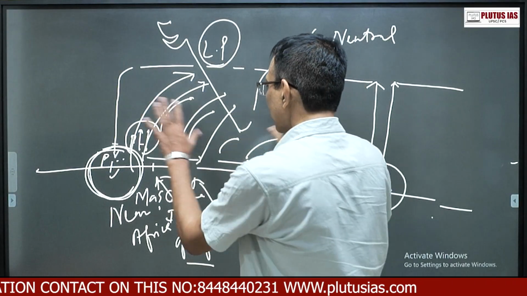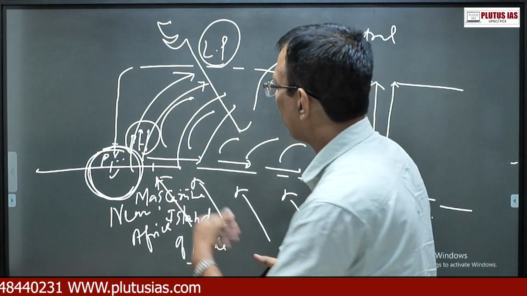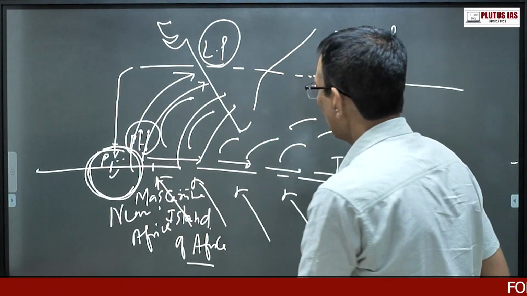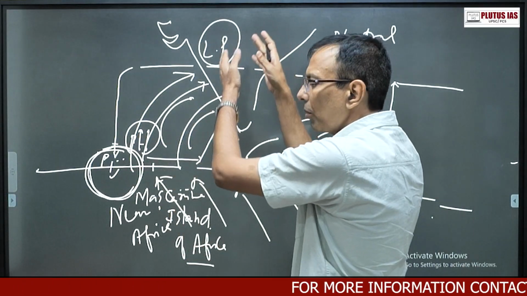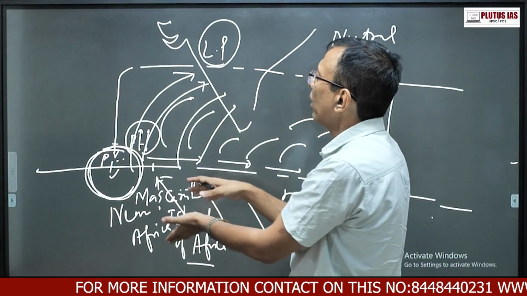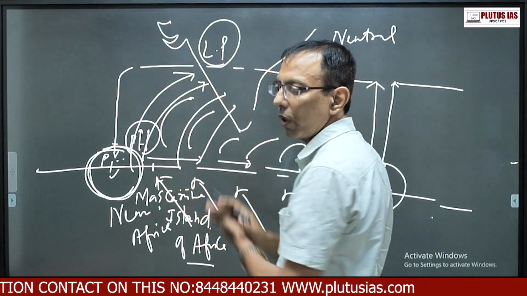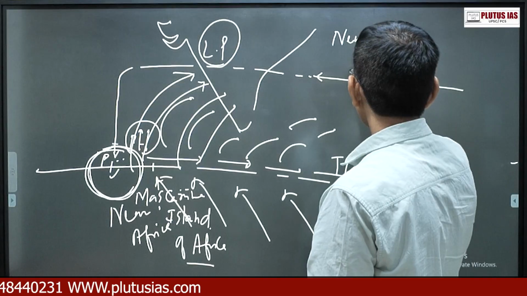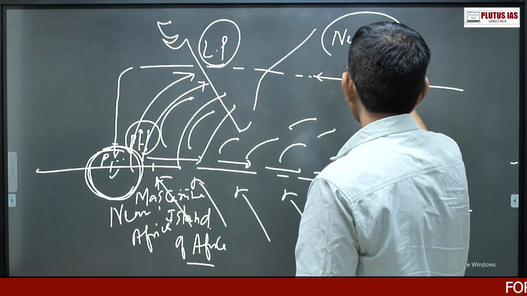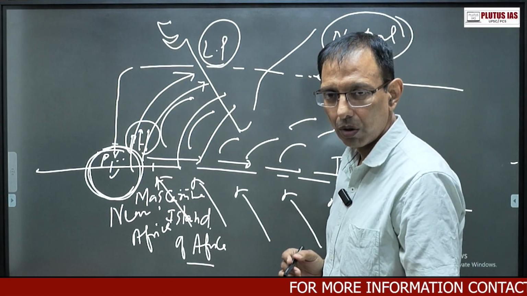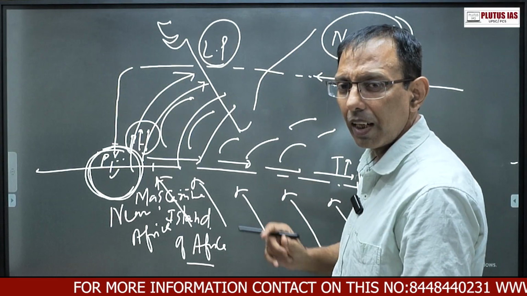Hence, this pressure condition of P1 greater than P2 supports the movement of the southern hemispheric trade wind in the form of monsoon to India, right? This is the case of the neutral phase of monsoon. But there is a caveat.